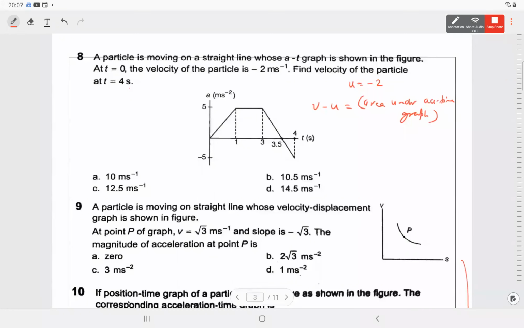Question number 9 says that a particle is moving on a straight line and its V versus S graph is given, just like V versus X. Similarly, V versus S graph is given.